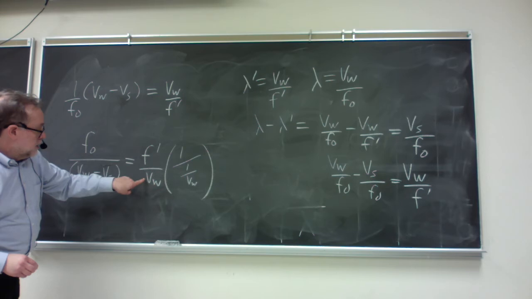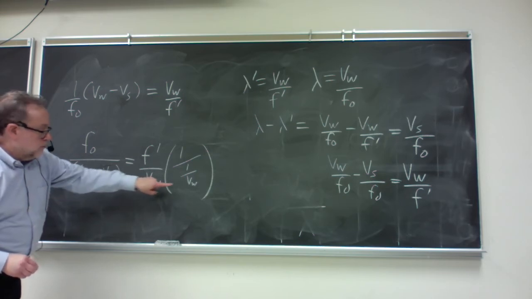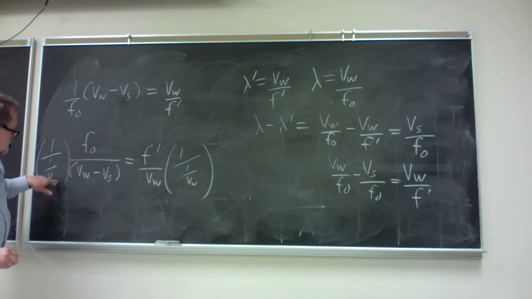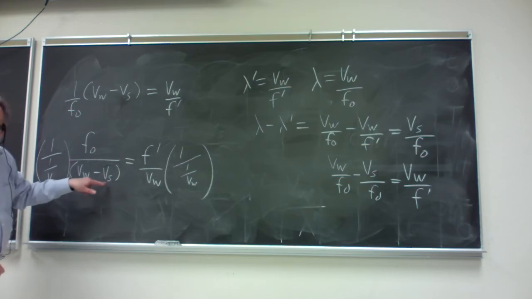So you'll have here in the denominator V wave times 1 over V wave, just plain 1. Then do the same over here, 1 over V wave. So this times 1 over V wave is just 1. This times 1 over V wave is minus V source over V wave.